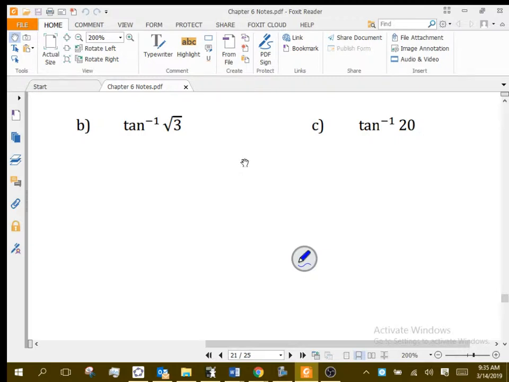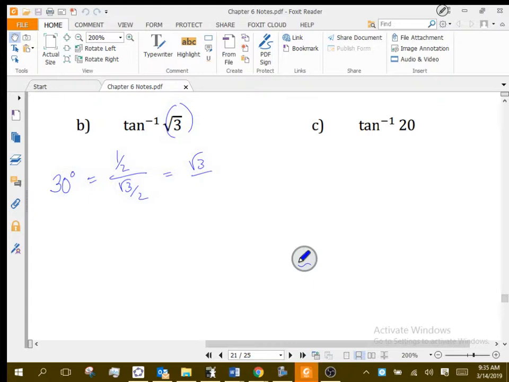This one here, okay, when I take tangent inverse of radical 3, remember that radical 3 is a ratio, correct? Okay, so it's a sine divided by a cosine off the unit circle. If I think about 30 degrees, the tangent of that would be the sine of 30, which is 1/2, divided by the cosine of 30, which is radical 3 over 2, right?